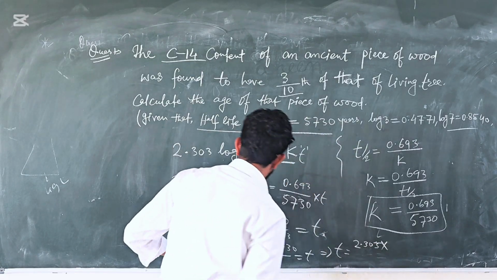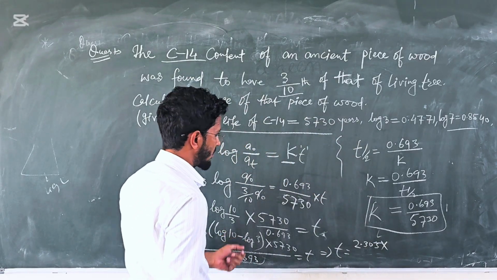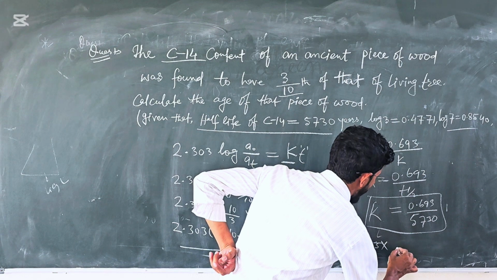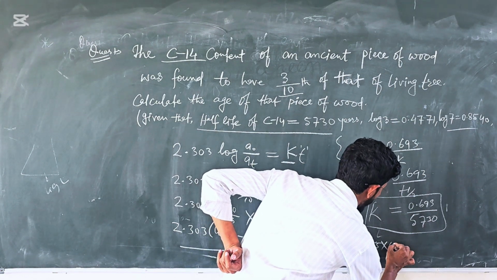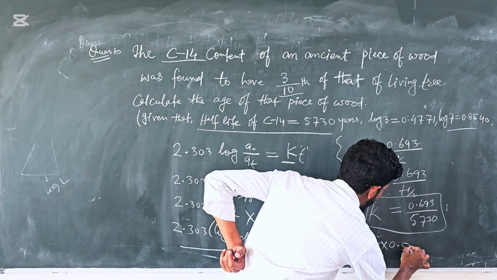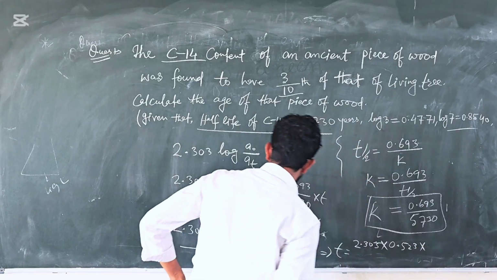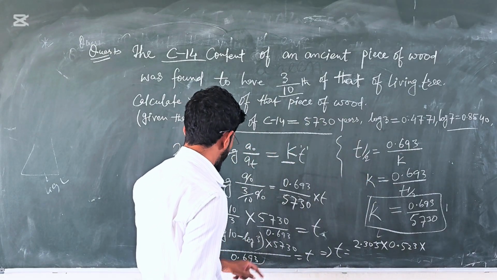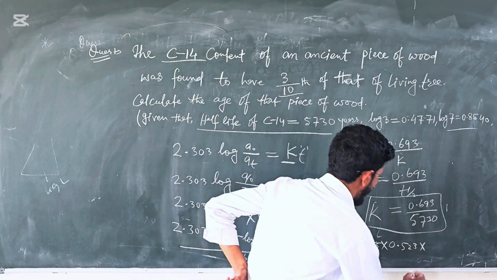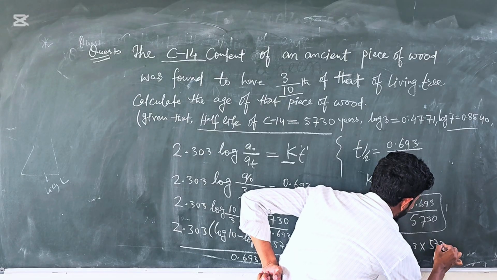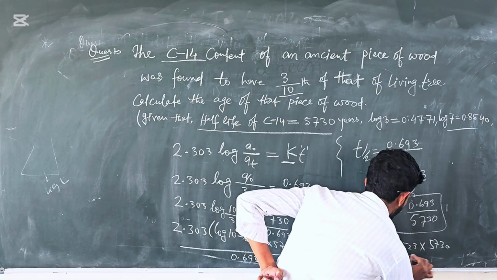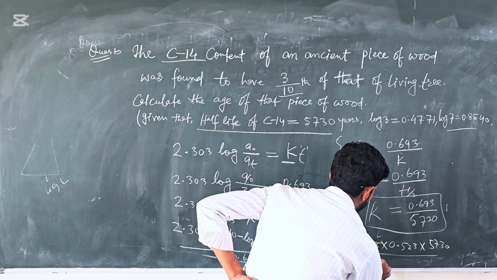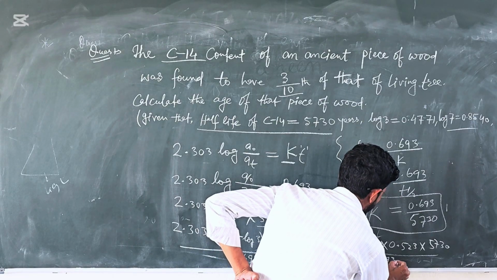The value becomes 2.303 into, after subtracting this, we get 0.523, into 5730 upon 0.693.